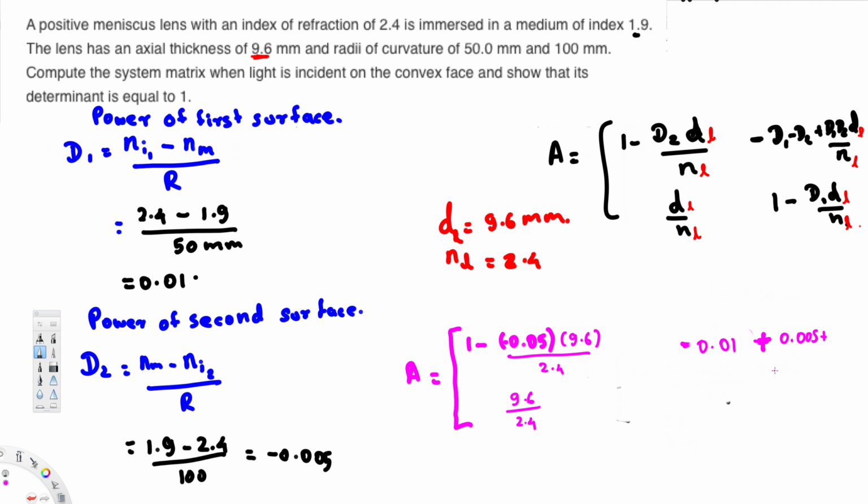D1 is 0.01, times negative 0.005, times the thickness, that is 9.6, divided by n, that is 2.4.